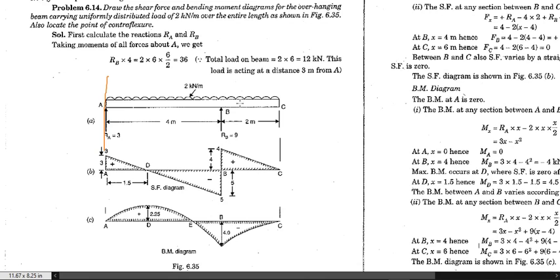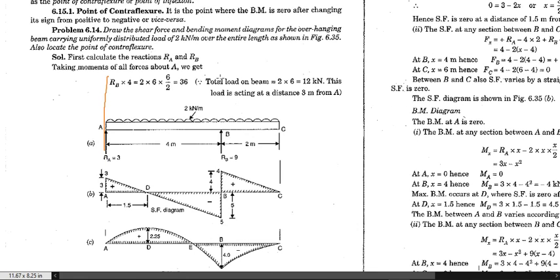So in this way we can calculate the value of RB. Now we have to calculate the value of RA. The total load which is acting on this beam is 6 times 2, which is 12, and 12 minus 9 will give you 3. So we have calculated this support reaction.